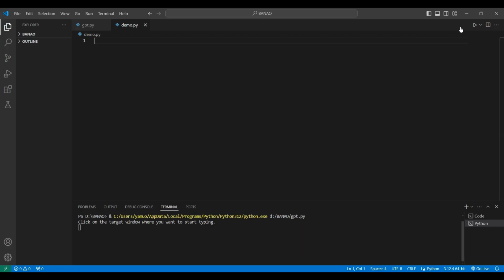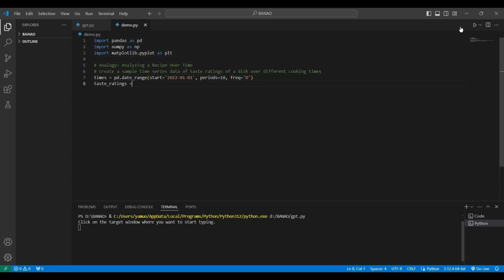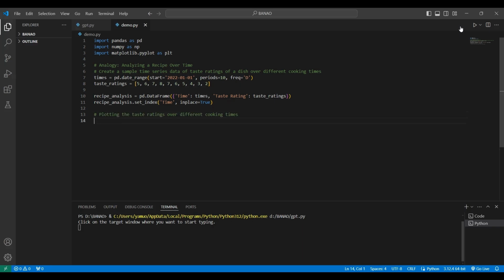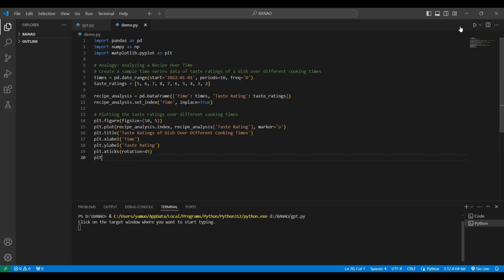The code snippet showcases the application of time series analysis basics by creating and visualizing two separate time series datasets. For the analogy part, a sample of taste ratings of a dish over different cooking times is generated and represented in a data frame named Recipe Analysis. This dataset is plotted to visualize the taste ratings over time, reflecting how a dish's taste may vary during the cooking process.